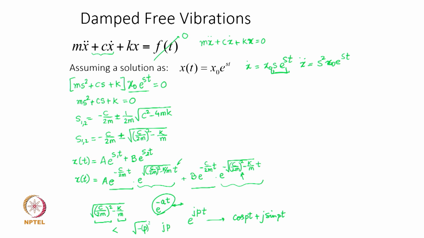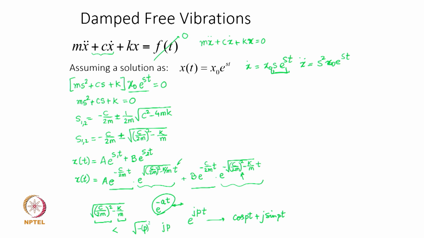So, effectively if you club the two exponential terms, then it becomes a e to the power minus a t, and that a is a constant, which is basically a combination of the two exponents of the two exponential terms.